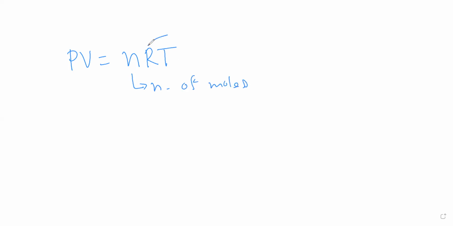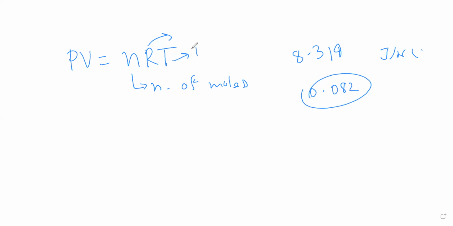And R is a constant, and its value is 8.314 when you use joule per Kelvin mole. And when you use atm liter, we use 0.082. Okay, so we can use this, and T is the temperature.